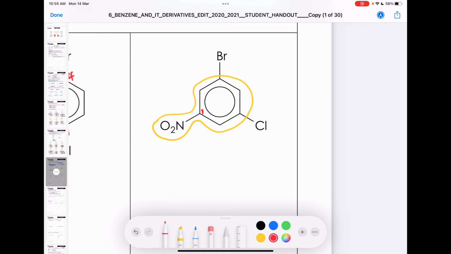In this case, we have bromo and chloro, so we prioritize bromo here. Therefore, our numbering will be 2, 3, 4, and 5. So our naming here will be 3-bromo, 5-chloro, nitrobenzene. So here it is.